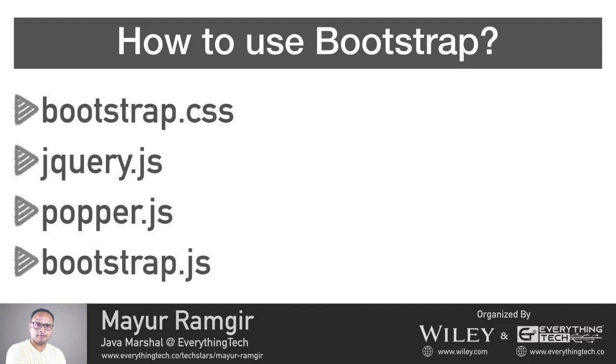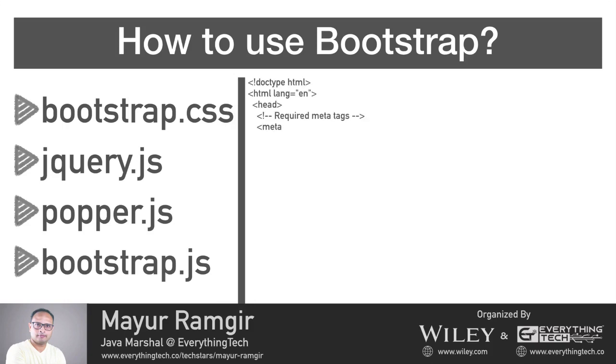Popper.js is a positioning engine with the aim to manage poppers in web applications to calculate the position of an element with the given reference element. And the bootstrap.js plugin contains code specific to Bootstrap. On the right-hand side, you can see an example of Bootstrap's starter code.